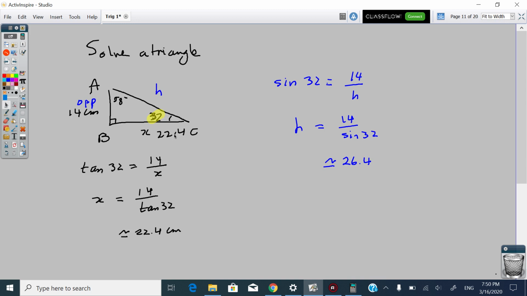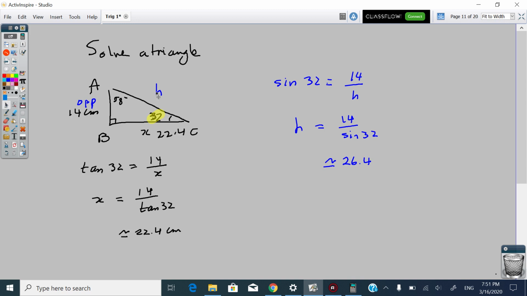But remember, the 22.4 has already been rounded. We did not get exactly 22.4. So in order to maintain accuracy, you are advised to use the numbers that were given in the question, or at least the numbers that you know are exact. So let's work on the 32 now. We already have the 14, and it's better to use the 14 rather than the 22.4 because this is exact.